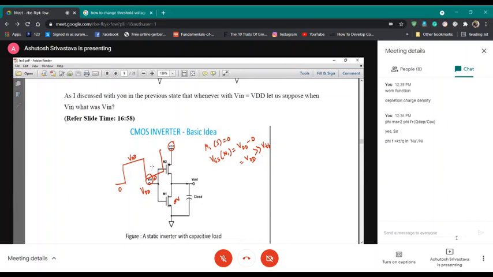Similarly, the transition from 1 to 0, which you give as an input to your gate of PMOS and NMOS, doesn't happen without a delay.